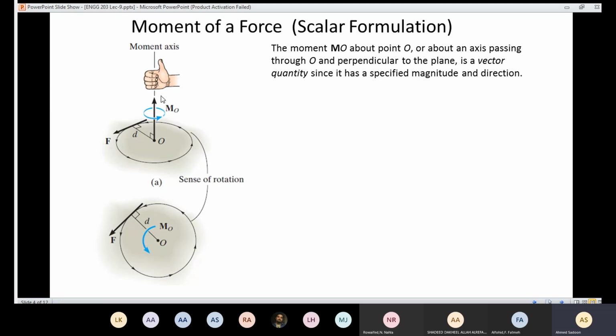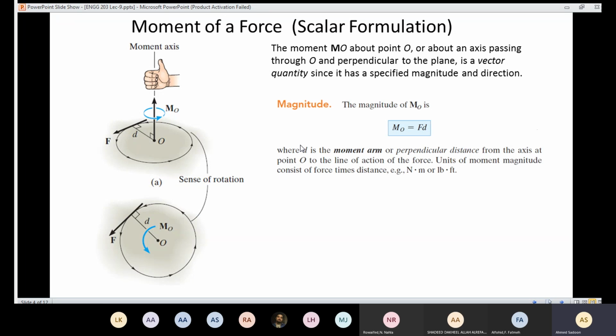We said that the magnitude of the moment is proportional to the force and it's proportional to the perpendicular length. So we are going to say that the magnitude of M_O equals the force times the distance. The perpendicular distance, we call that the moment arm, or the perpendicular distance from the axis at the point O to the line of action of the force.